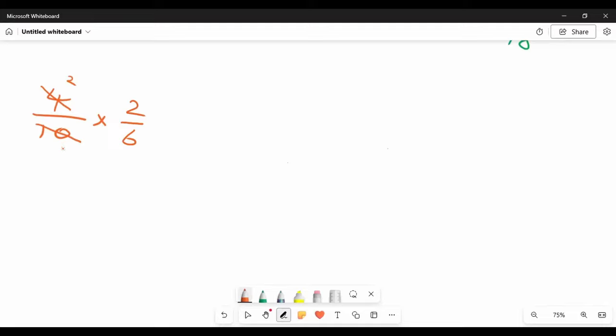Okay. Now, what if I do a small change to the question? 4/10 plus 2/6. Now tell me, what is this for? N, very good, numerator.